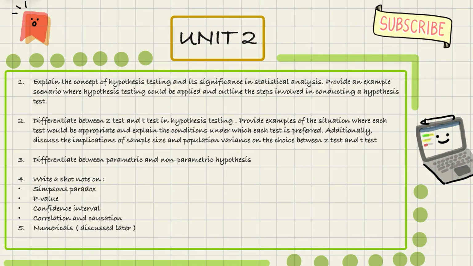So you need to understand what hypothesis testing is, and I hope you are able to analyze the z-test and t-test by now, and you can easily talk about correlation and causation, confidence interval, and Simpson's paradox. And please revise and try the questions yourself. Please memorize the formulas and also understand the conceptual knowledge behind those formulas.